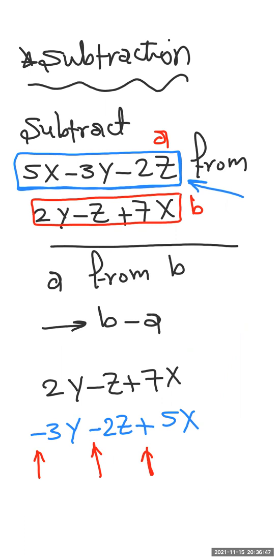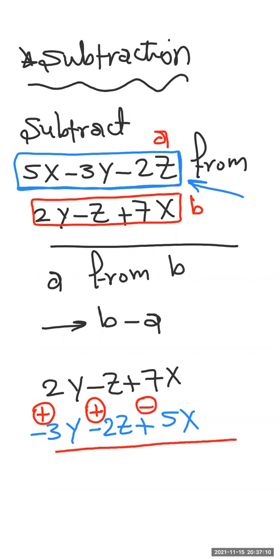If it's positive, it becomes negative, and if it's negative, it becomes positive. So the first sign is negative, it will be positive. The second is negative, it will be positive. And the third is positive, it will become negative. Then use the new signs and ignore the original ones.